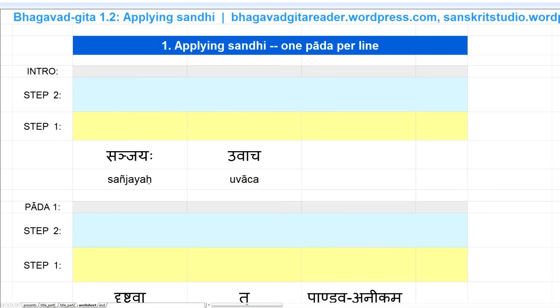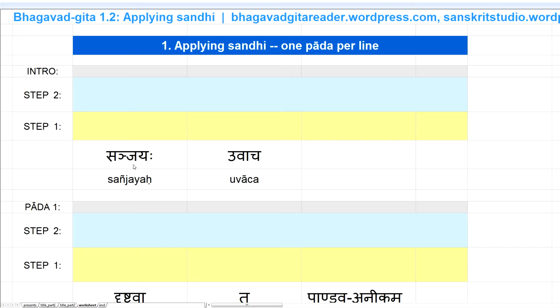Okay, so we have the first intro here, but our step number 1 will be to try to fill in these yellow cells. Our aim now is to find all the compounds in this verse so that we can apply sandhi to them initially.